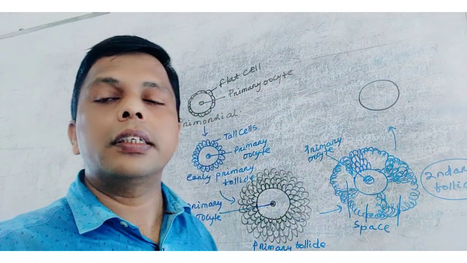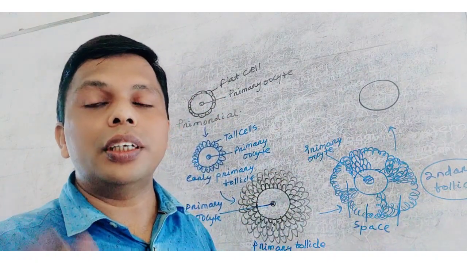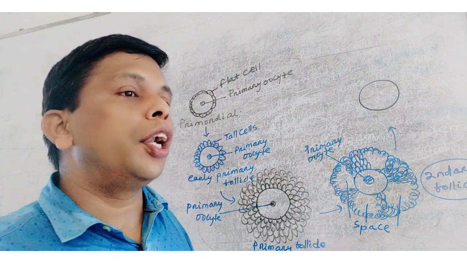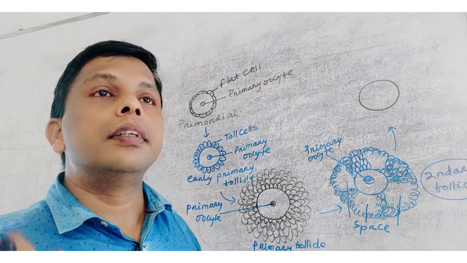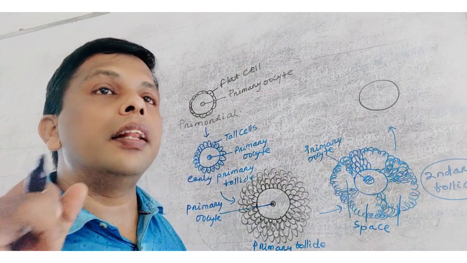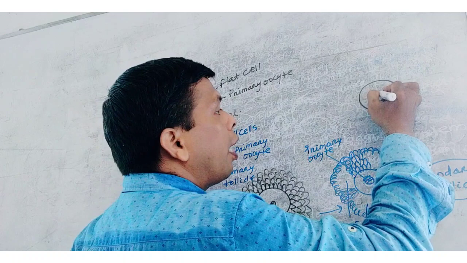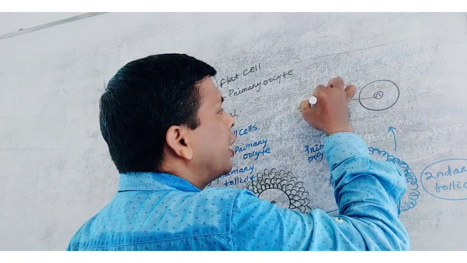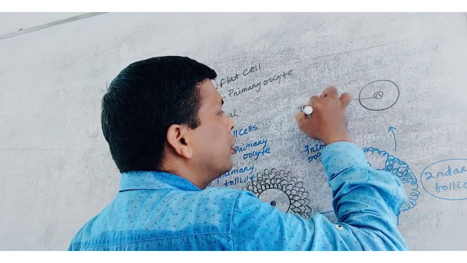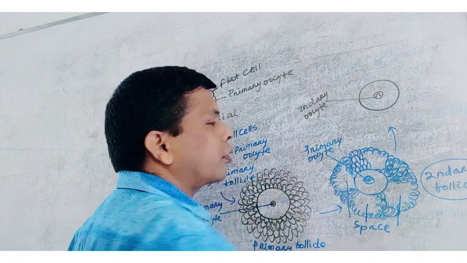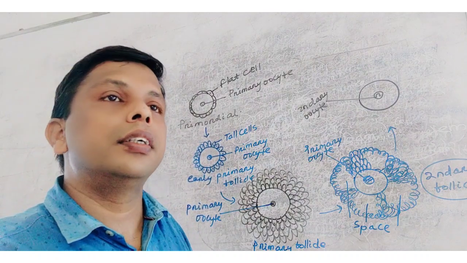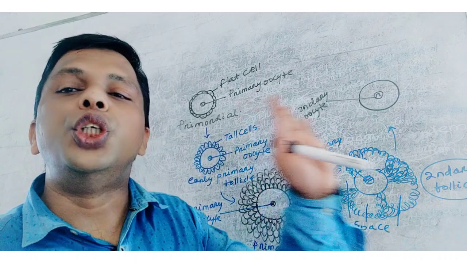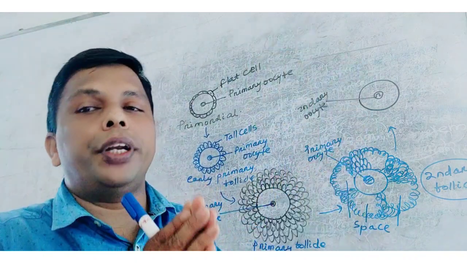Remember first, meiosis takes place here. Due to meiosis, the primary oocyte became a haploid secondary oocyte. Remember, secondary oocyte. Then all these spaces join to form a common cavity.